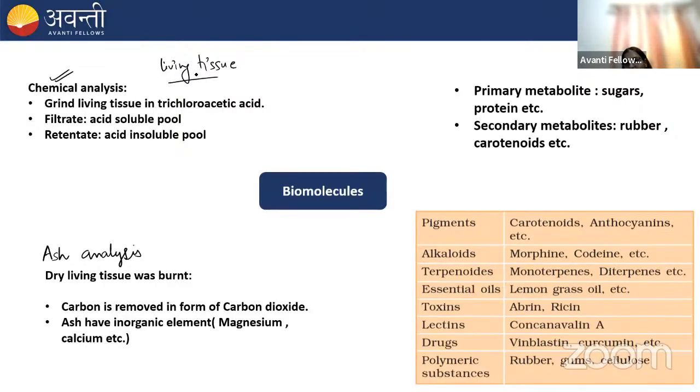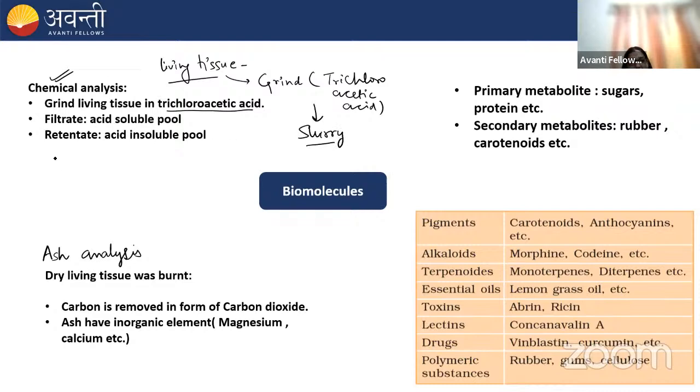It can either be a plant tissue or an animal tissue. They grind it with the help of mortar and pestle, using a chemical which is trichloroacetic acid. So they take the living tissue, mix the trichloroacetic acid and grind it with mortar and pestle. They get a slurry.